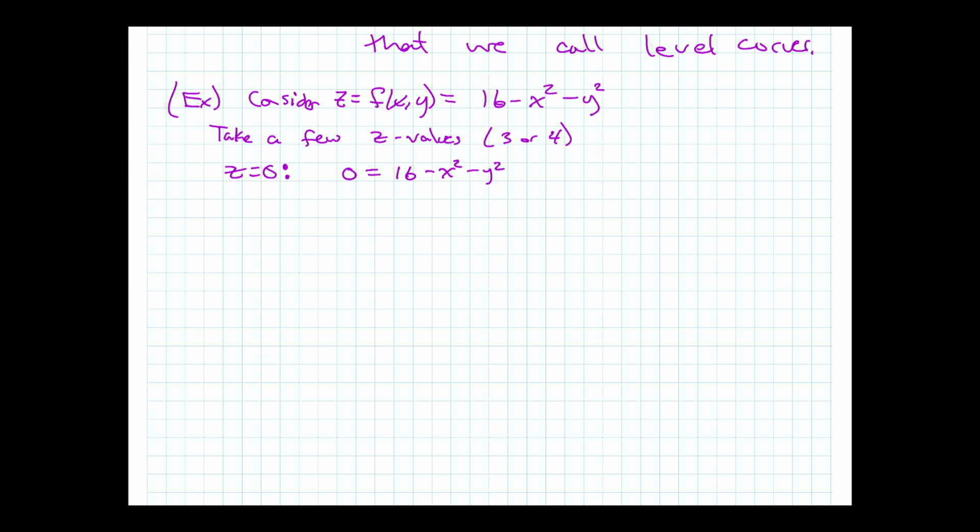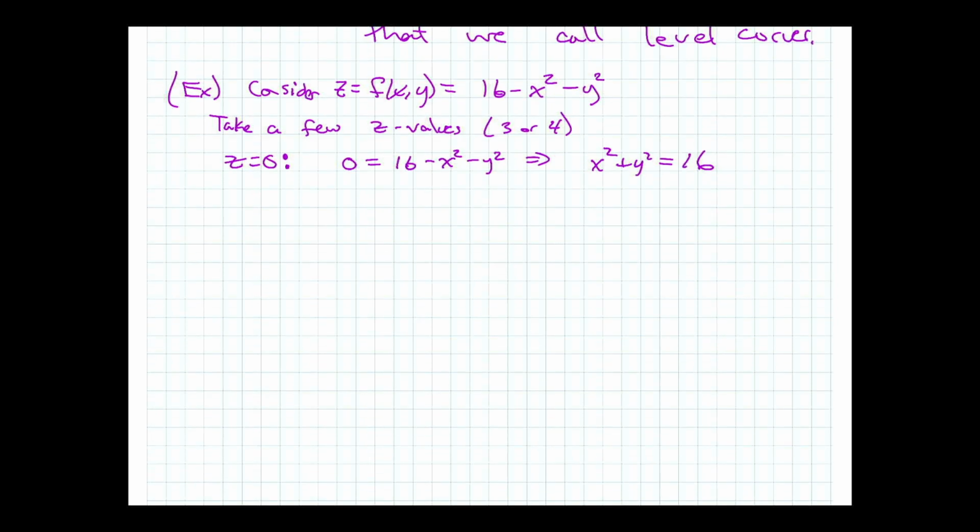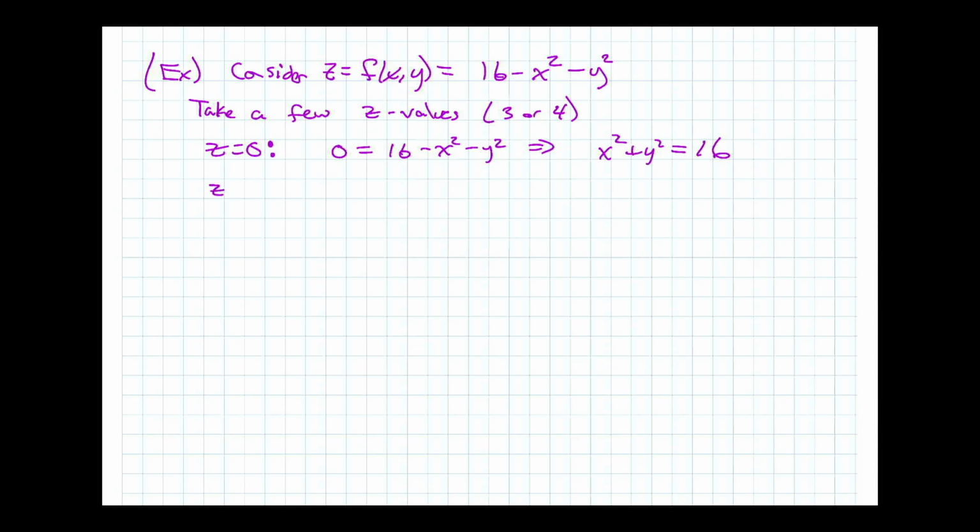So z equals 0 says 0 equals 16 minus x squared minus y squared. Move the x squared plus y squared over to the left, and we get x squared plus y squared equals 16. Let's pick a different z value, say z equals 1.